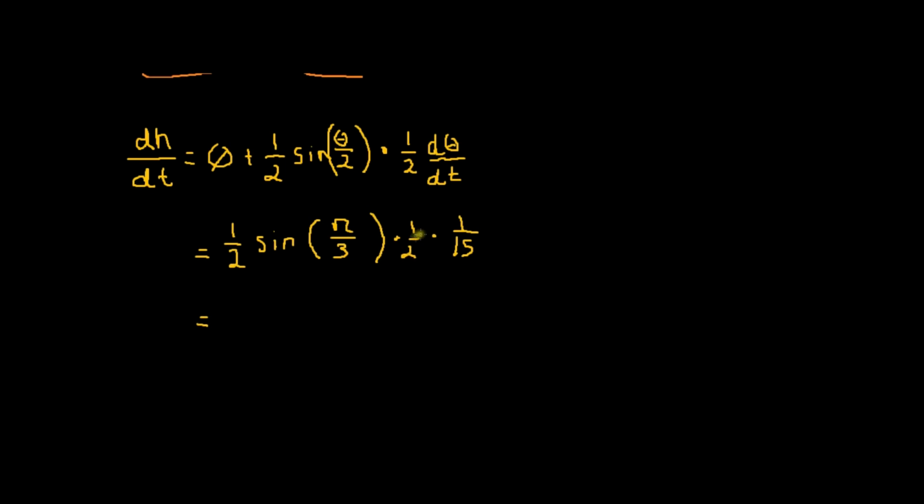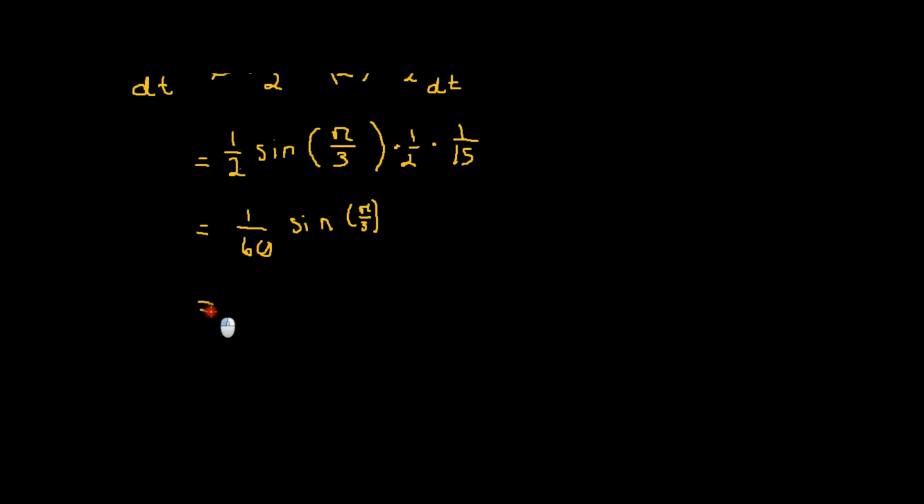Okay, actually, let's multiply all these coefficients first. 1/15 times 1/2 times 1/2 again is 1/60th. 1/60th sine of pi over 3. Sine of pi over 3 I just said was square root of 3 over 2.